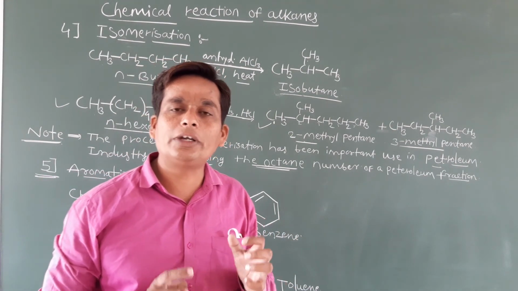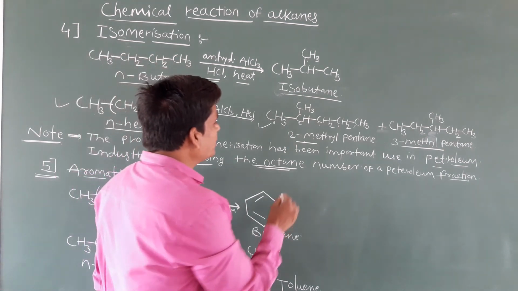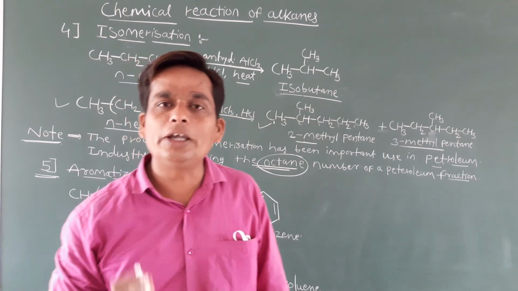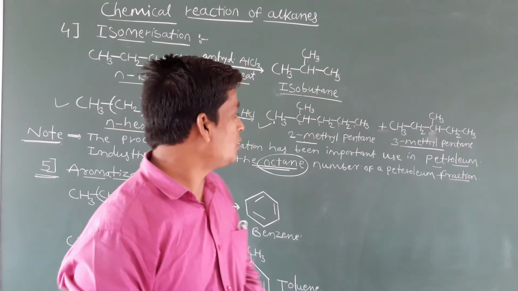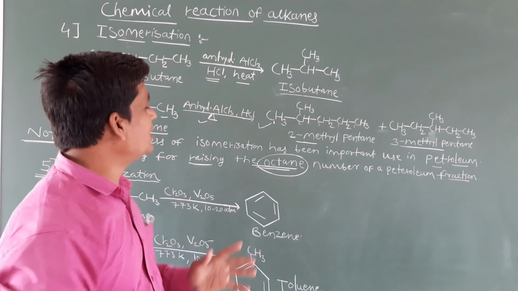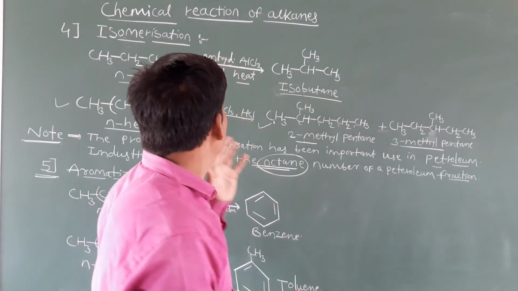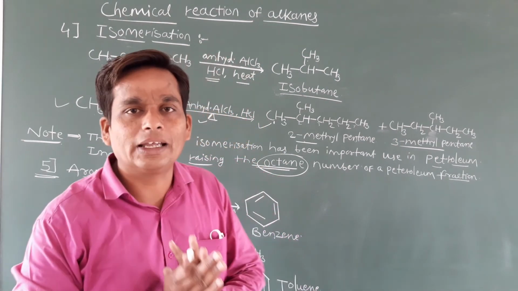What is the octane number? The quality of petrol always depends upon the octane number. Remember students, the quality of petrol depends upon the octane number. The role of isomerization here is that it can increase the octane number, so that is why this reaction is very useful in the petroleum industry.